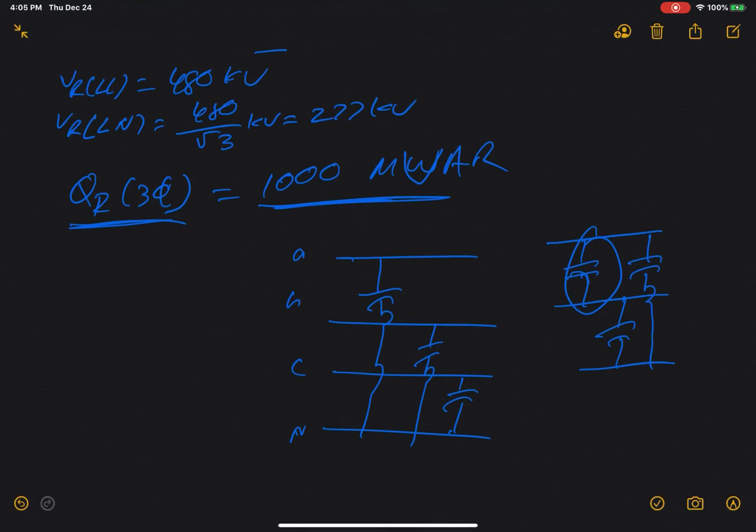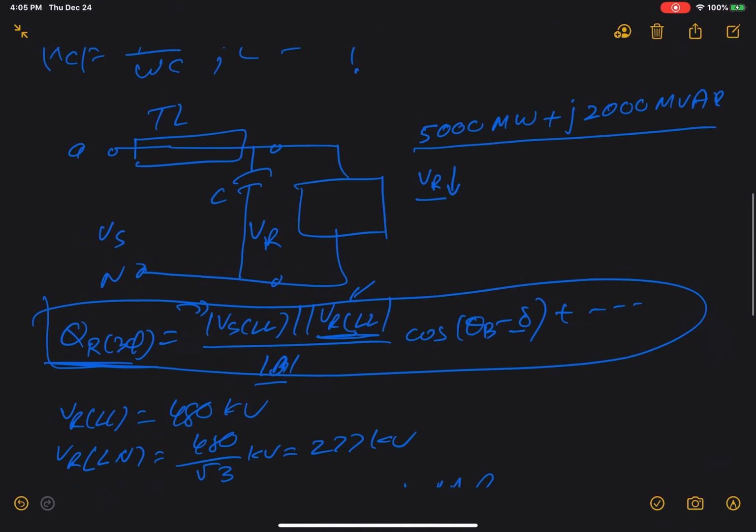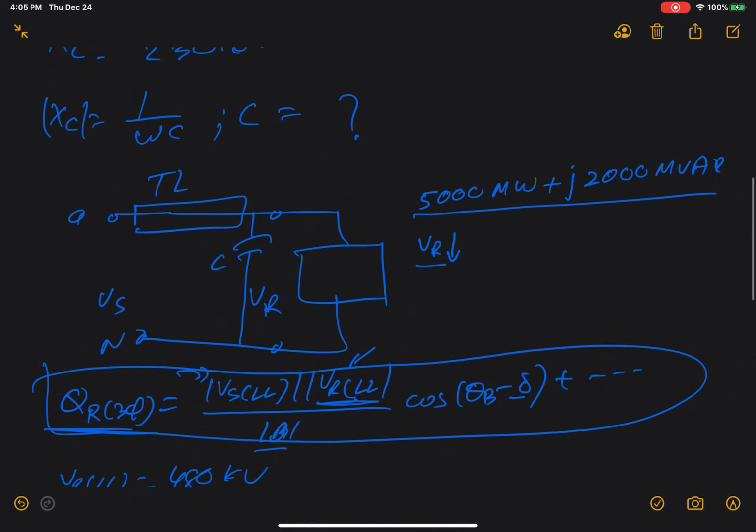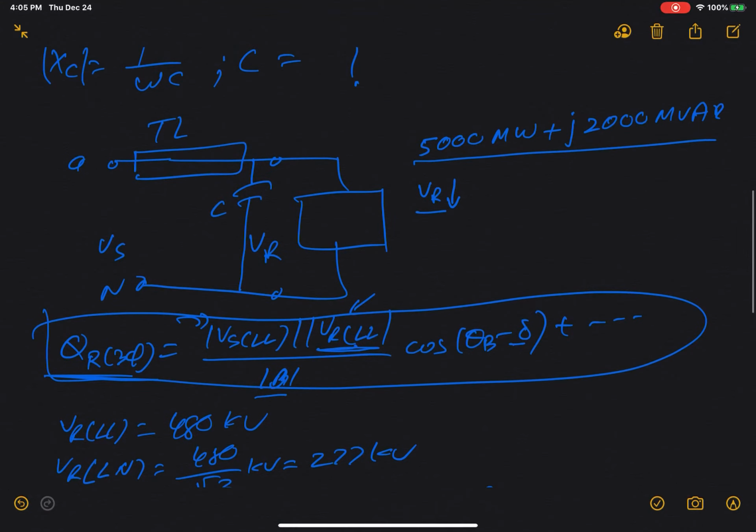If you do line to neutral, I need the line to neutral voltage. So VAN would be 277 kilovolts, right? And Q is V squared by XC. I need 1000 megavar, but I have 2000 megavar, so I have to take 1000 megavar out of here using a capacitor.